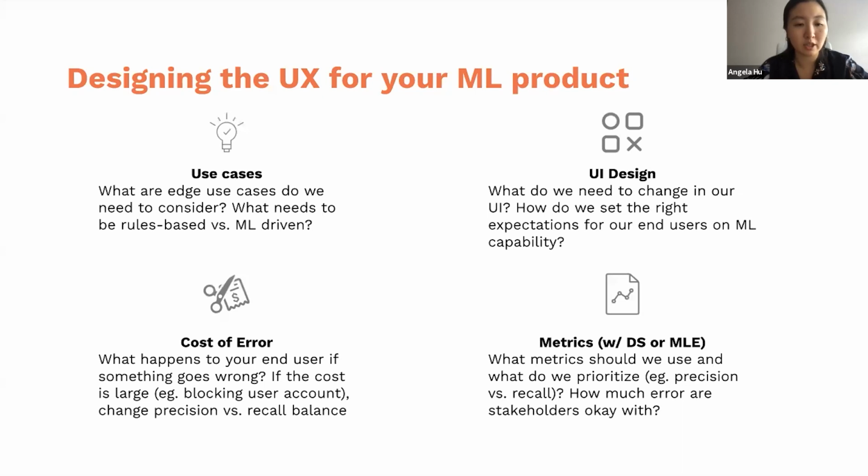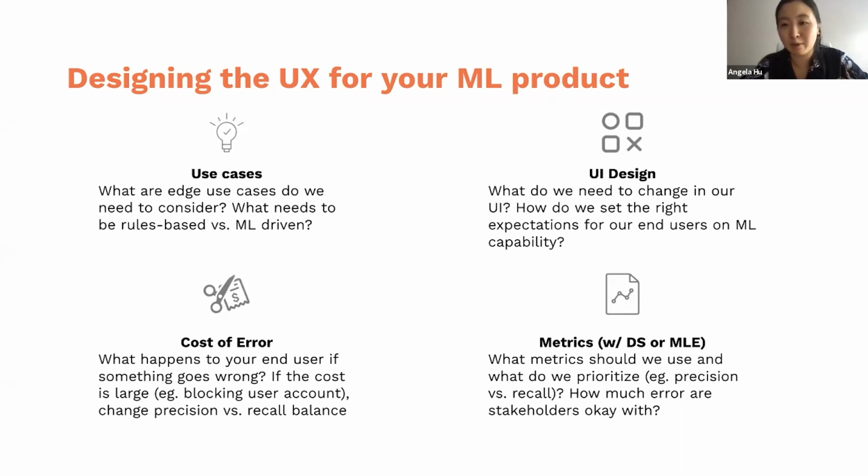The third piece to look at is the cost of error. I think I mentioned this before, but what is the cost of actioning and what's the cost of making a mistake when it comes to your ML product? A great example I like to talk about here is if we look at fraud prediction models. Let's say the cost of error is that if we find someone that we think has a fraudulent account and we end up shutting down and deleting their account, that is a very high cost of error because we've severely interrupted the user experience.